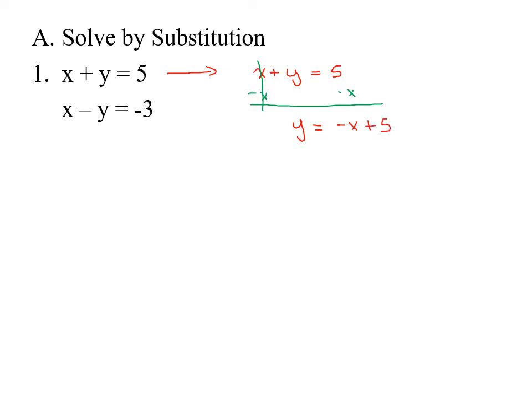Then I could take this and plug it in over here. And I could say that x minus y, which would be negative x plus 5, equals negative 3. And then I can solve this one just for x by distributing the negative across.